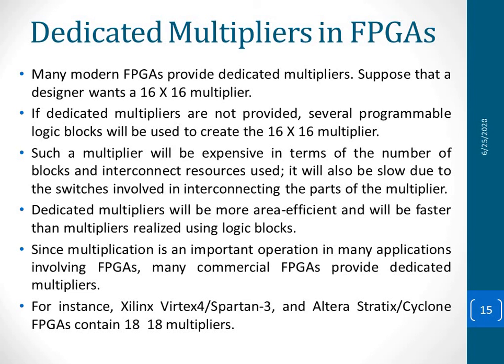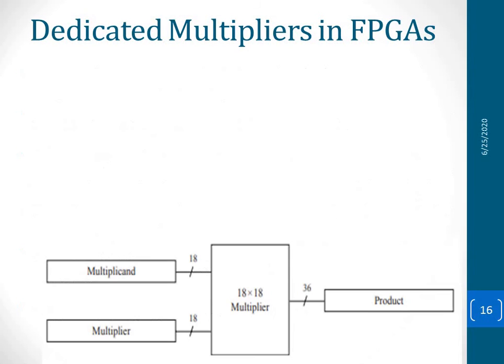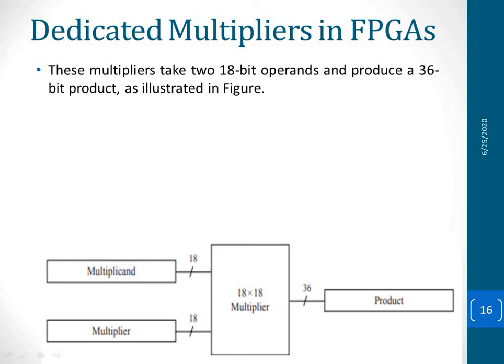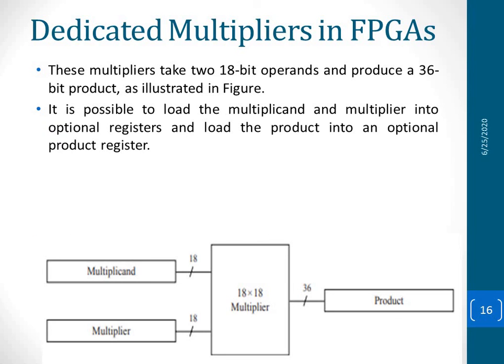For instance, Xilinx Virtex 4, Spartan 3 and Altera Stratix Cyclone FPGAs contain 18 by 18 multipliers. So you can see here this is an 18 by 18 multiplier. Multiplicand is 18 bits, multiplier is 18 bits, and the product will be 36 bits. These multipliers take two 18-bit operands and produce a 36-bit product.